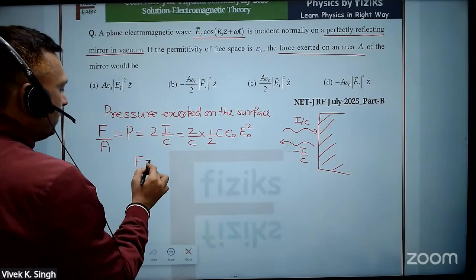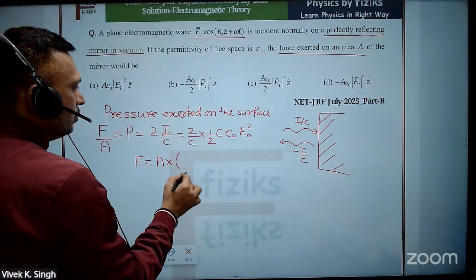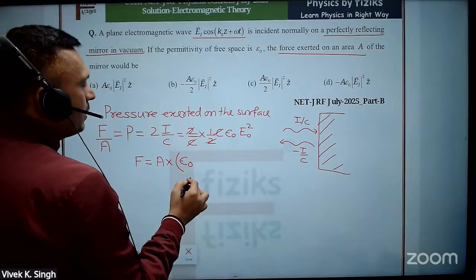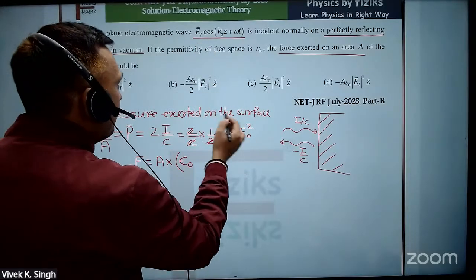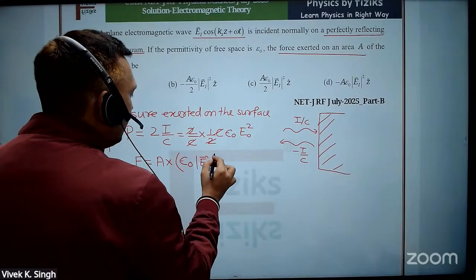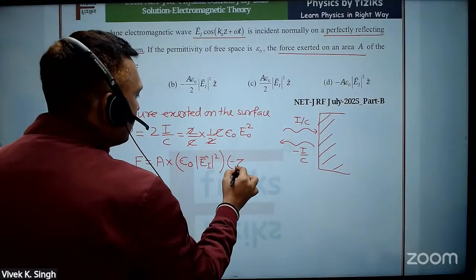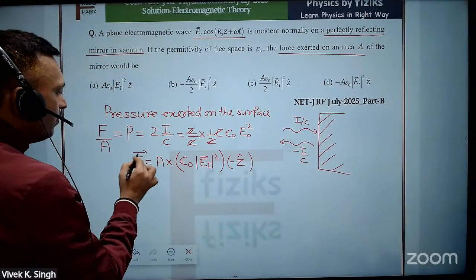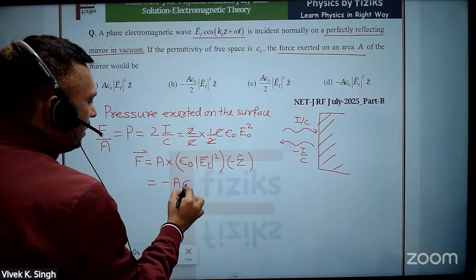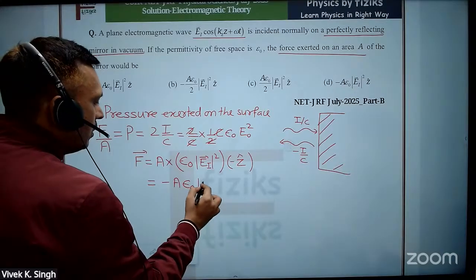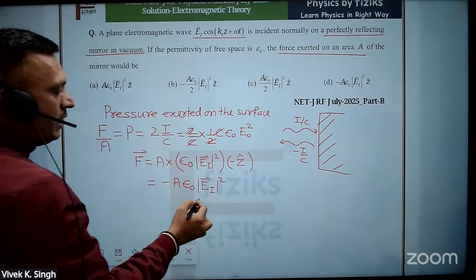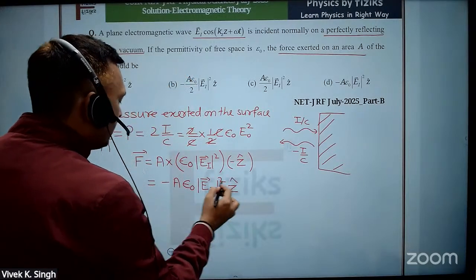Force is given by area times, C will cancel out, epsilon naught, and here E naught is the amplitude of EI. So the magnitude is mod of EI whole square, and I'm taking the direction to be minus Z cap. So the force is minus A epsilon naught mod EI whole square Z cap, where EI is the amplitude of the incident wave.